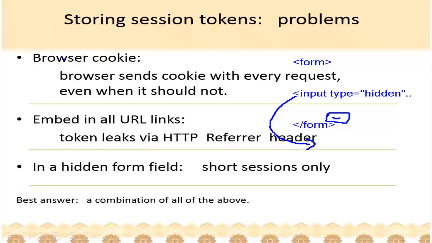What will happen if they have a hyperlink? You know very well what is the meaning of a hyperlink. Today morning you have created a hyperlink. So this kind of request, where you do not have a form, you have a href equal to some URL, is not going to help you with the hidden field, because the hidden field cannot be put in hyperlinks.